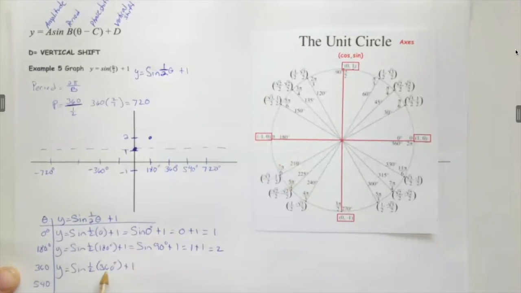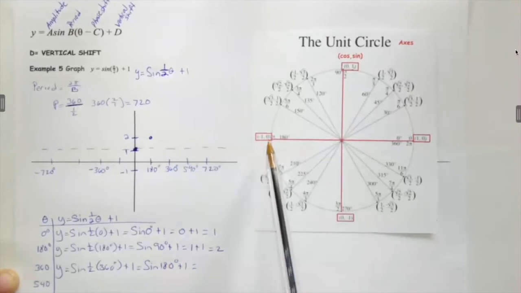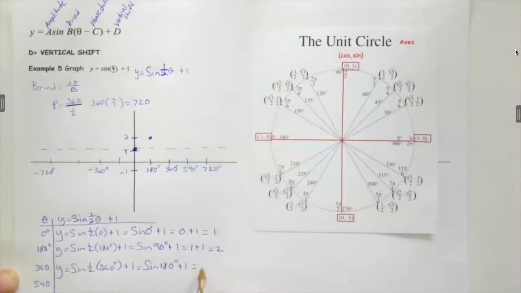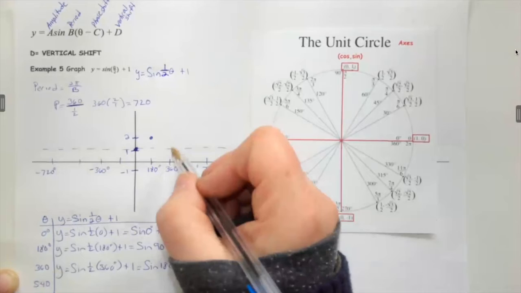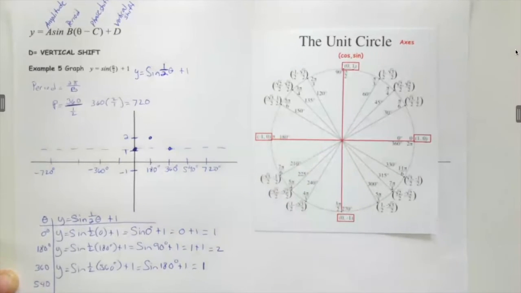One half times 360 is 180. Sine at 180 degrees is 0. And 0 plus 1 is 1. 1, 2, 1. Can you predict what the next number is going to be? Sine at 360 is 1. We're already starting to see the pattern here.